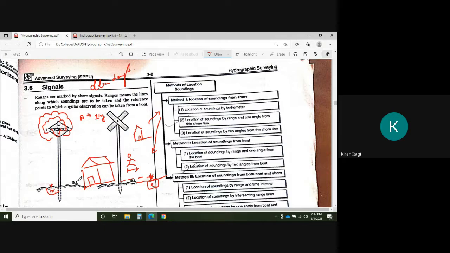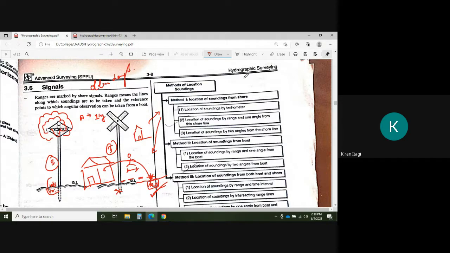In the first condition, if he just hid it under the tree, he will dig it there and take the gold out. In the second condition, he has hidden the gold at the 4th step from this tree, so he will go 1 step, 2 step, 3 step, dig the mud at the 4th step, get the gold and keep it in his house. So he located that point by the 4th step.